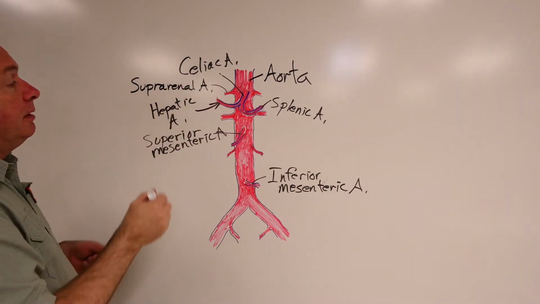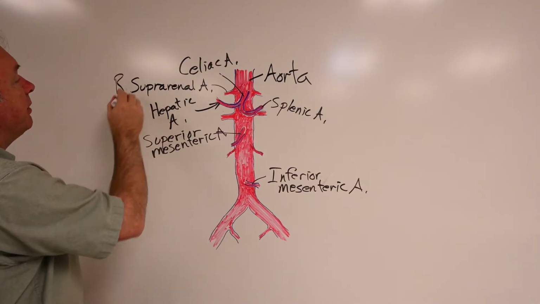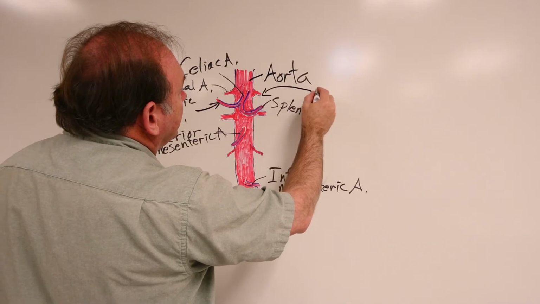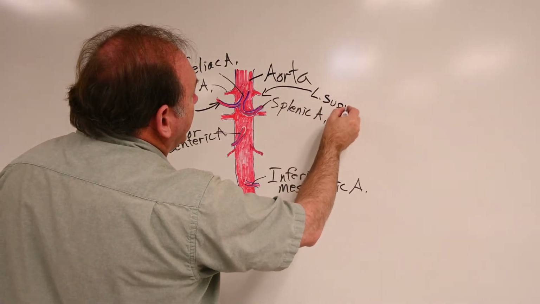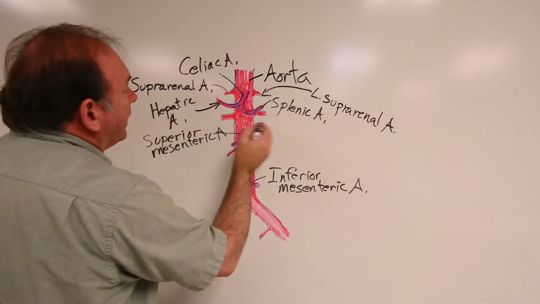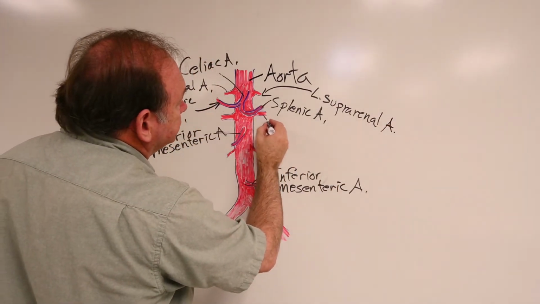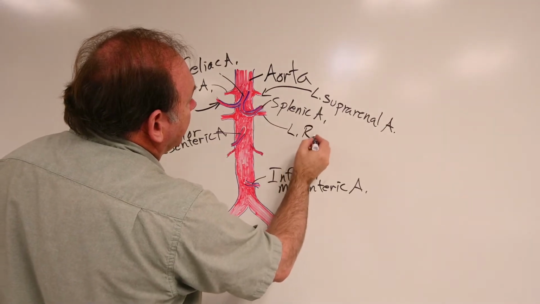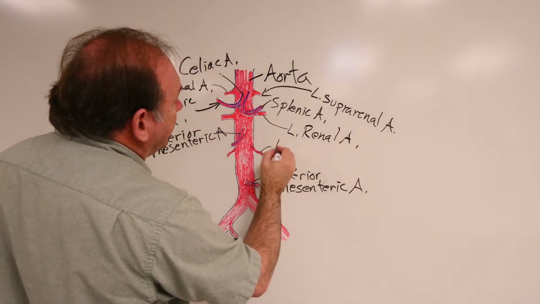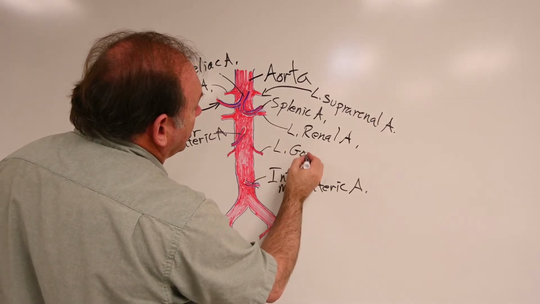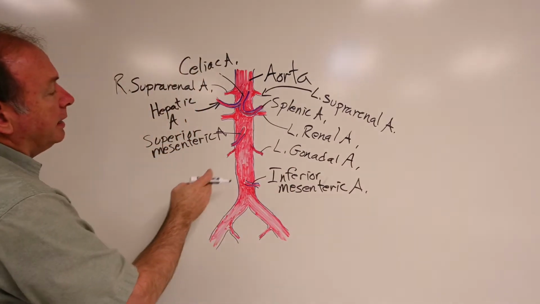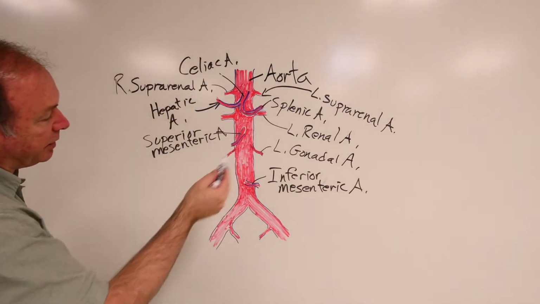And that's on the right side, so that's your right suprarenal artery, and over here would be the left suprarenal artery. Below that would be the left renal artery, and then the left gonadal artery. I'm not going to label the right since they're just repeated.